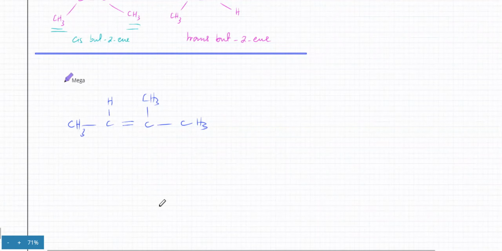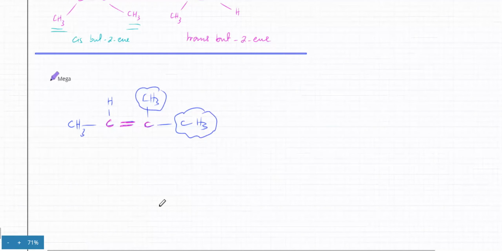What were the conditions? The conditions were that you need a double bond. That's the first condition. It won't. And the second condition was that both groups on each carbon atom in the double bond must be different. Now over here, this carbon atom is attached to the same type of groups.